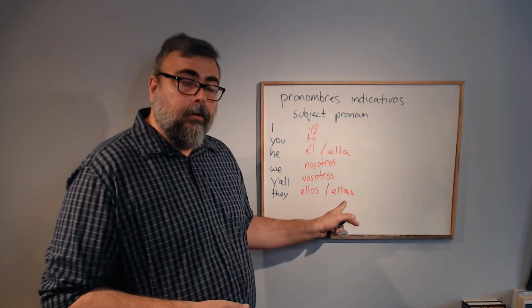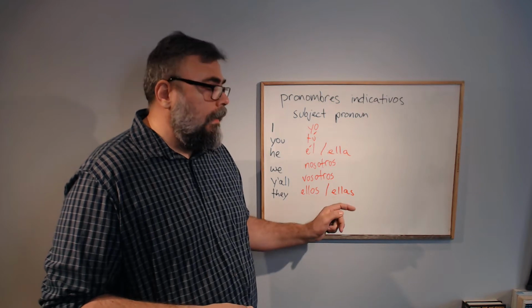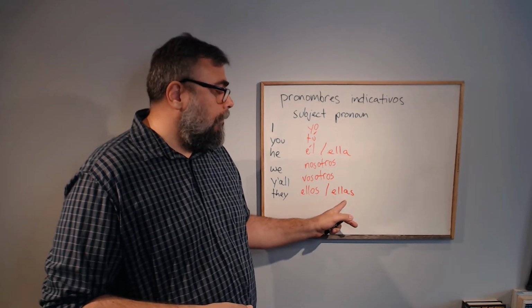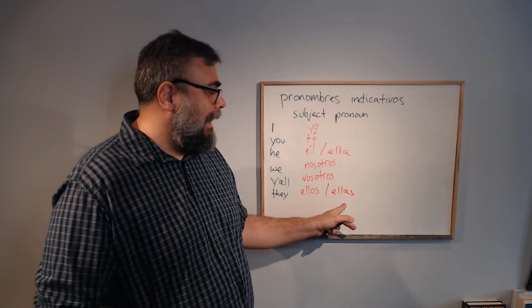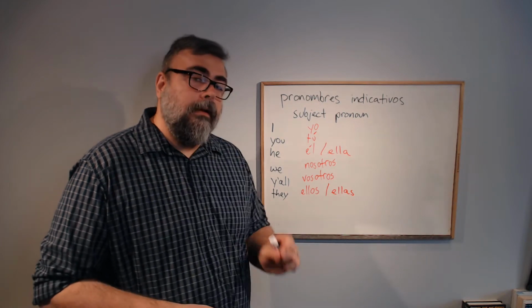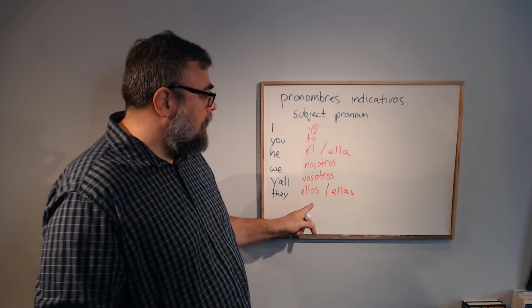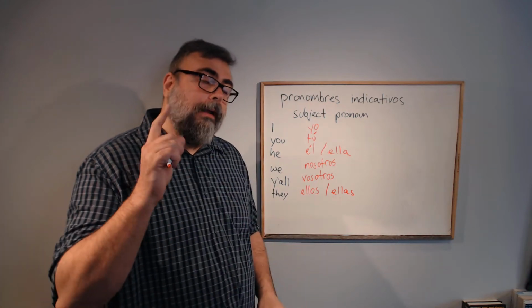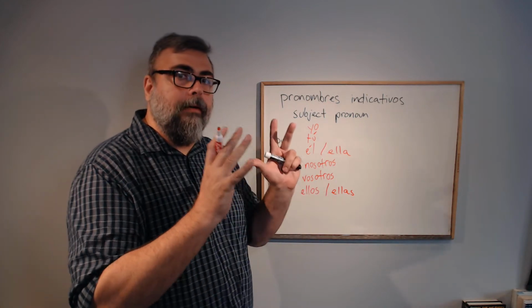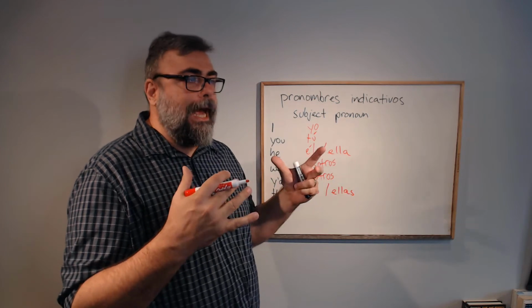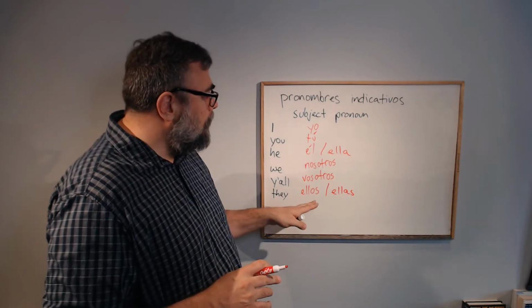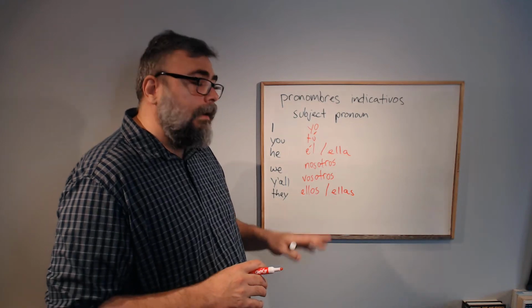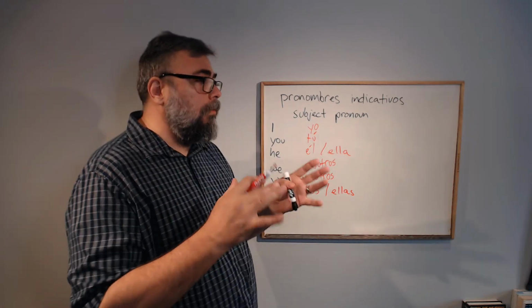Now, if it's a group of all girls, it's feminine. If it's a group of all bicycles, it's feminine because bicicleta, ending in A, is feminine. But if there is one male in a group of things that has gender, so people, animals, if there's one male, the whole group becomes male.